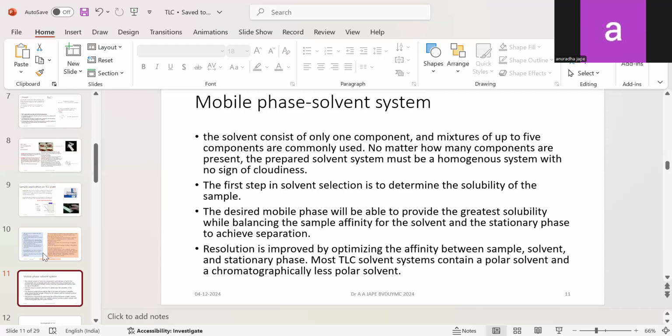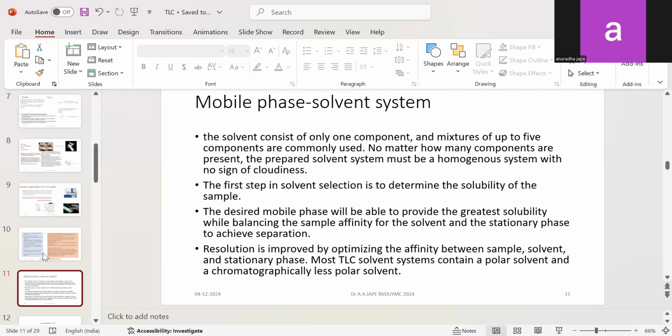Now, generally, if you take the example of paper chromatography, the stationary phase is water because it is the water molecule that is adsorbed to cellulose. Similarly, in case of SiOH, you are going to have these hydroxyl groups, and the mobile phase, which is less polar, flows over the polar stationary phase. The mobile phase may not be necessarily immiscible with water if water is used as one of the components in the solvent system.